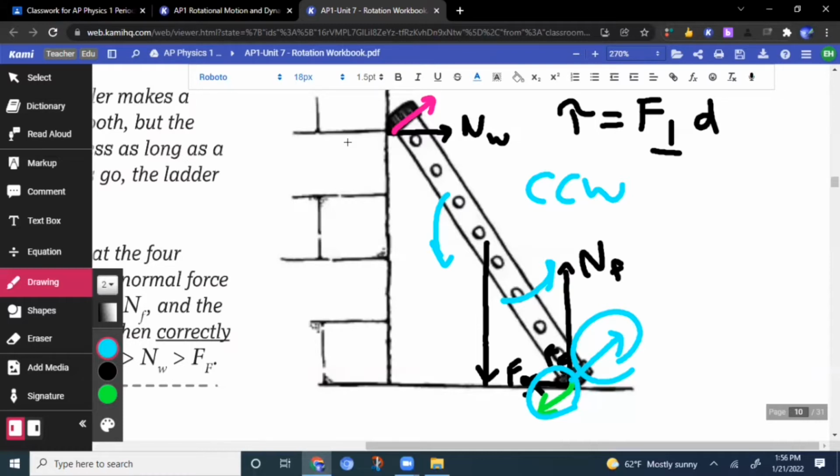Okay, so let's address that right there. How do we state that in words?